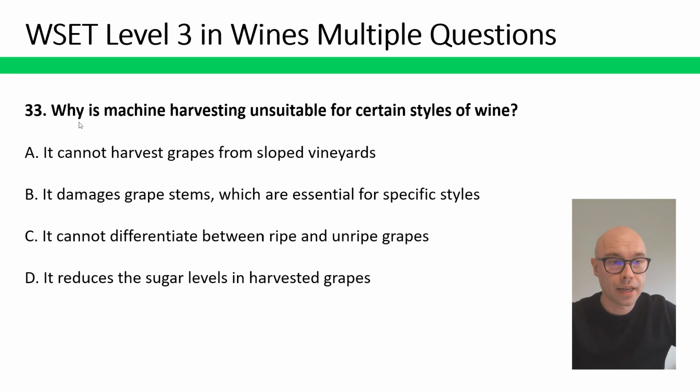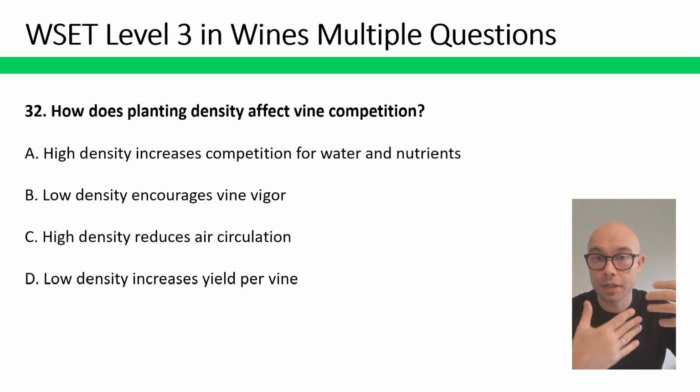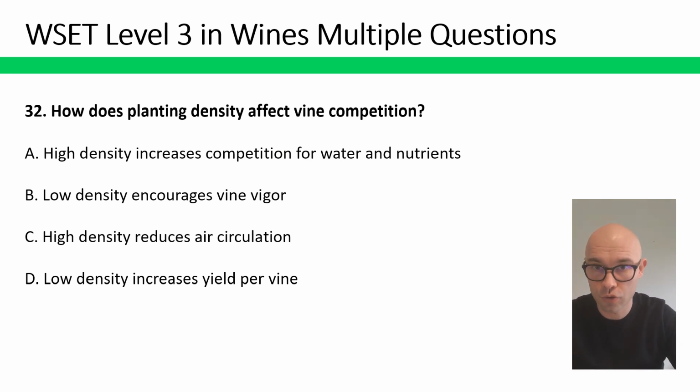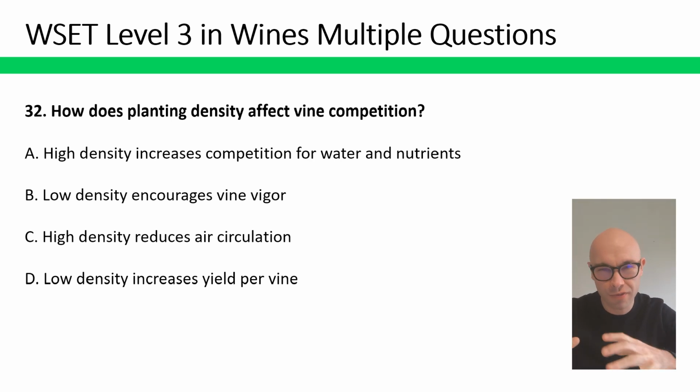So this is in the case, just for you to understand, my apologies for this. If there's a lot of resources in the region, like for example, a lot of water and nutrients, then in order for the vine not to focus on vegetative growth, and instead focus on the ripeness of the grapes, you need to increase the competition.